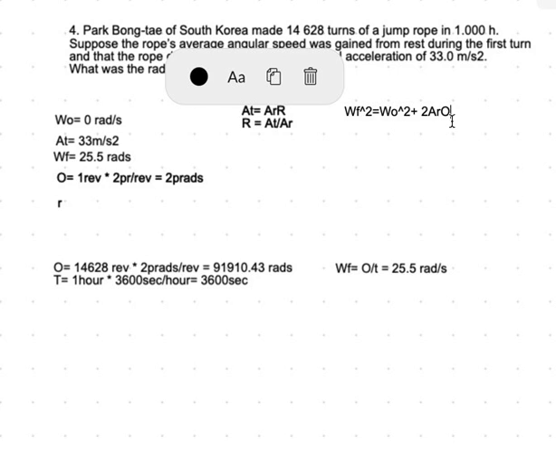So in this, I'm just trying to calculate my angular acceleration. So I'm going to rearrange that formula to solve for alpha. So I start by ending up with the final speed squared minus the initial speed squared is equal to 2 times angular acceleration times theta. And then I'm going to divide both sides by theta to give me that angular acceleration.